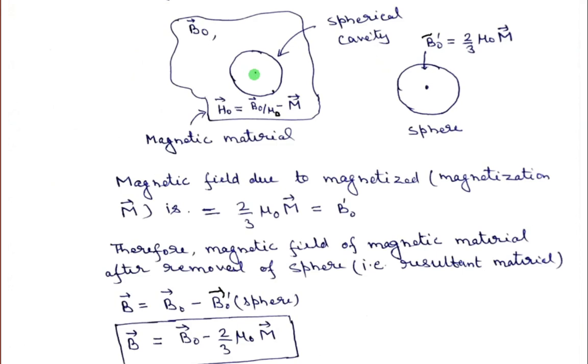It means within the spherical cavity, the magnetization vector M will be equal to 0, because there is no magnetic material which could be magnetized.